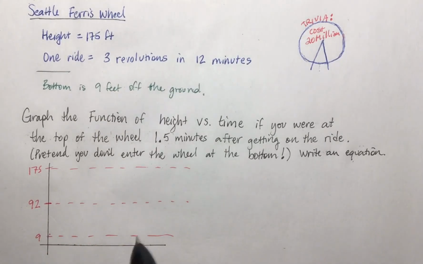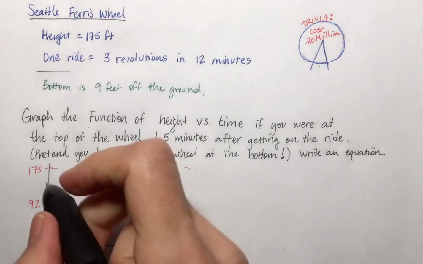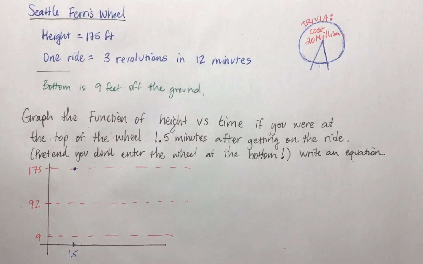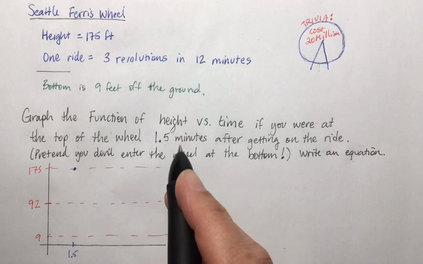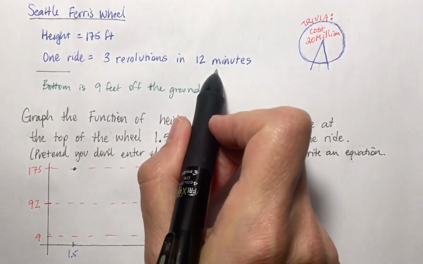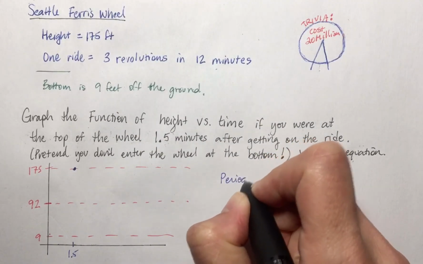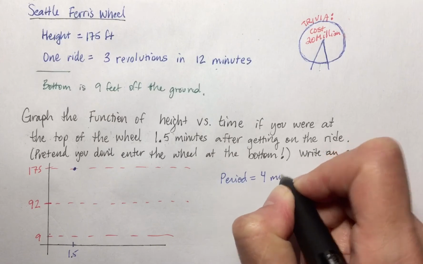And then the one thing we know is that we were at the top of the wheel 1.5 minutes after getting on the ride. So I'm just going to plot that here and call this 1.5. This isn't exactly drawn to scale, it's just drawn close enough. And if it's 3 revolutions in 12 minutes, that tells me that the period is 4 minutes.